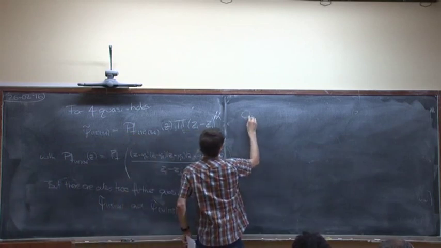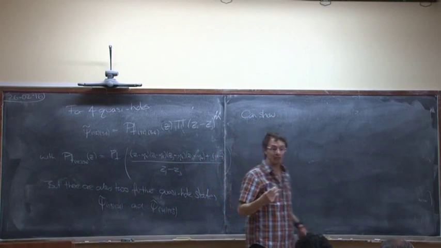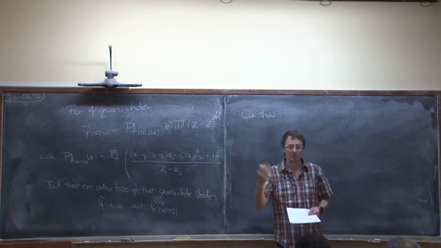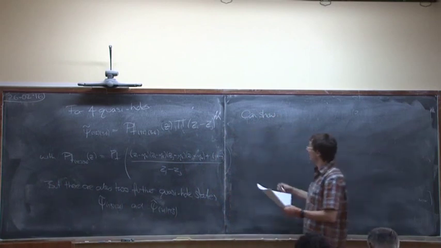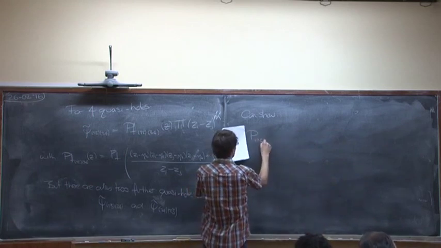I'd rather not show it on the board. I did go through the derivation in the printed notes. It's a couple of pages and it's just linear algebra. But the claim is that the following relationship holds.